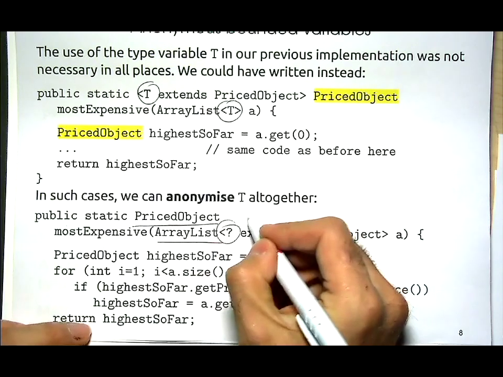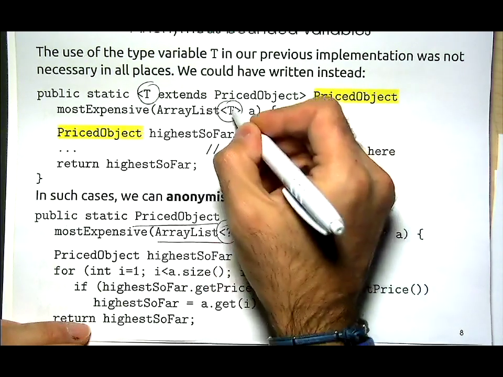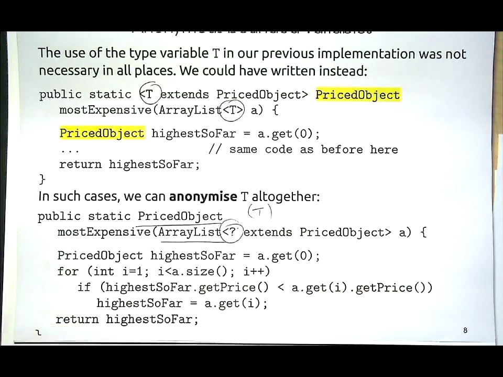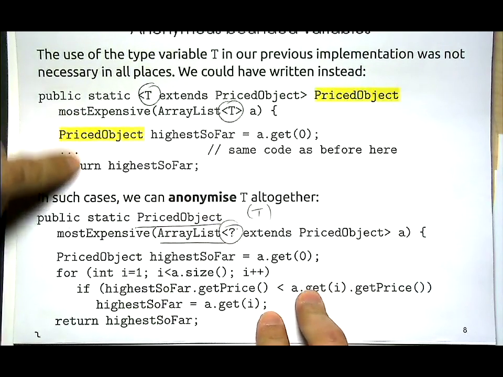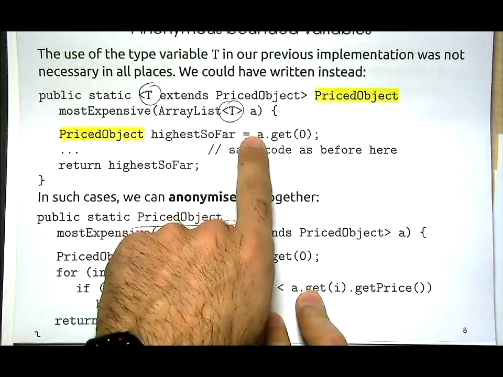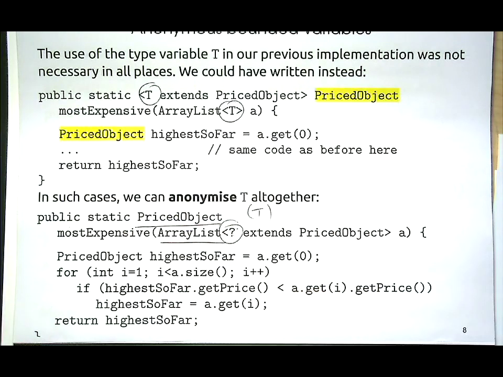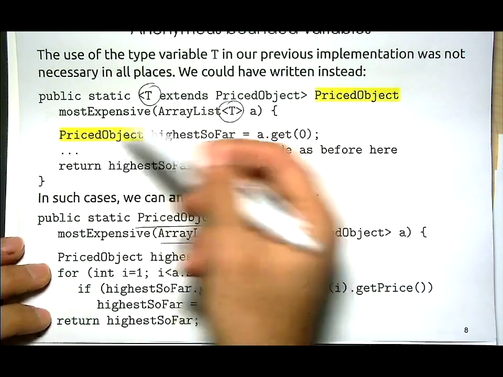So this T, which used to be T before, has been anonymized to a question mark. Since T is not used in the body of my method, or in any other place in the header of the method, I can anonymize it and make my code shorter. The rest of the code remains the same as here.